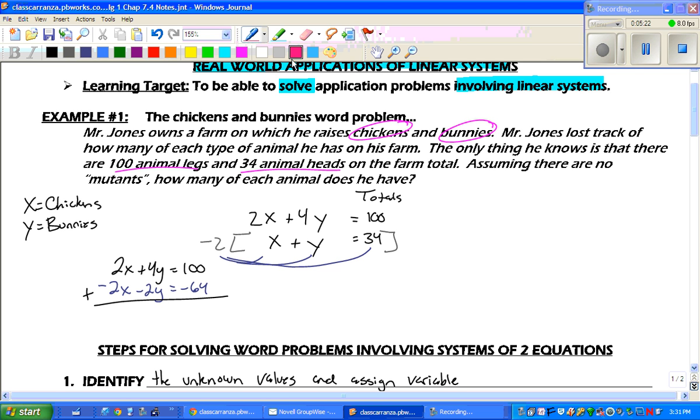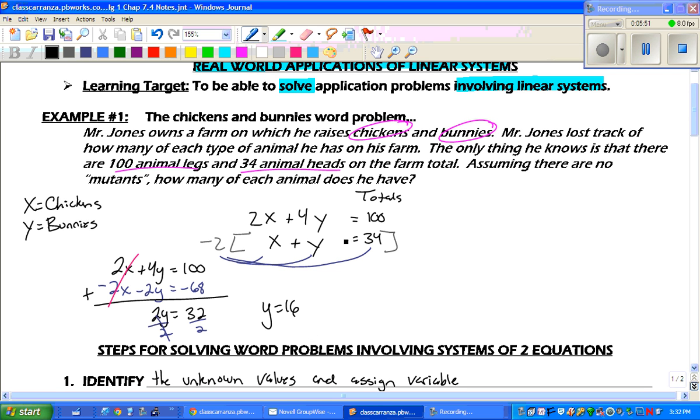Okay, add everything up. Your x's cancel. We get 2y equals 32, and that's because I wrote 64 instead of 68. Okay, divide by 2, and you get y equals 16.